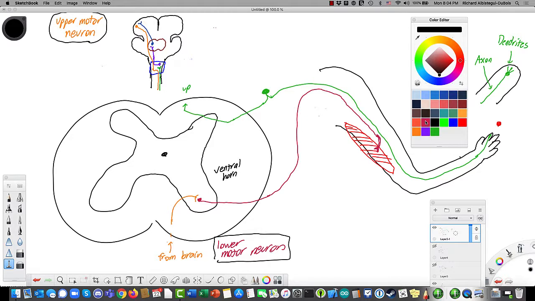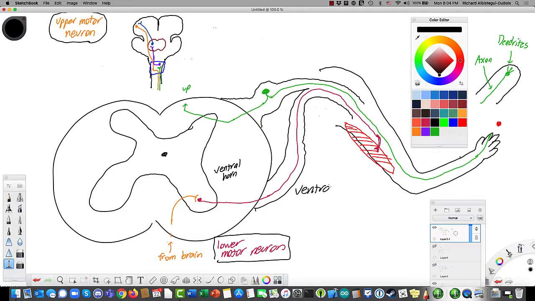Now, something I didn't draw in here was a structure that we find outside the spinal cord. That is the actual spinal nerve itself. And that spinal nerve actually has two roots. This one over here is the ventral root of the spinal nerve. It comes from down here and it carries the axons of lower motor neurons.